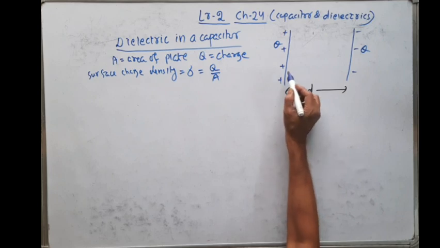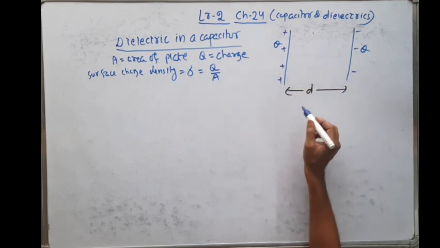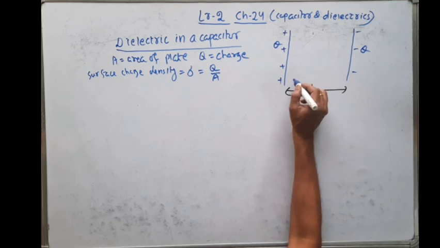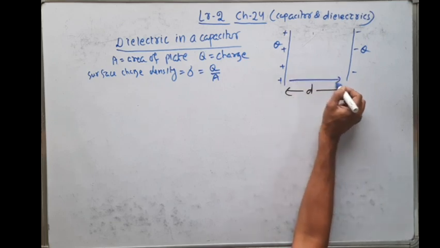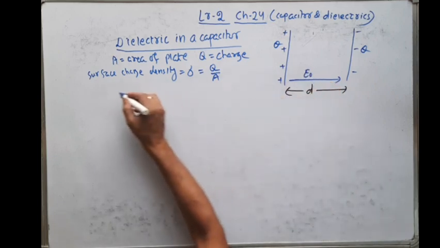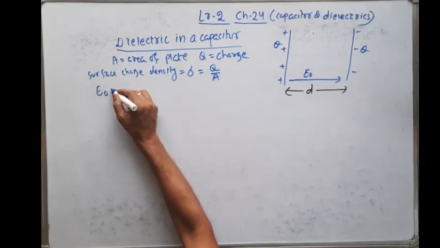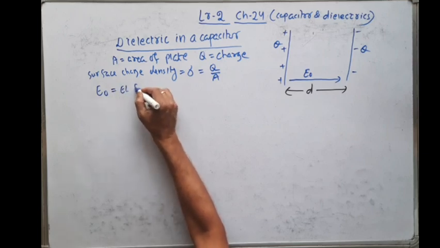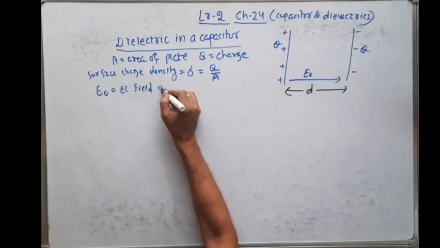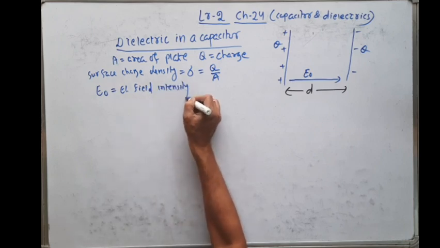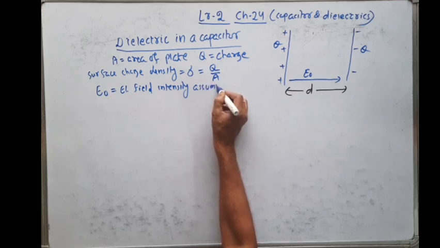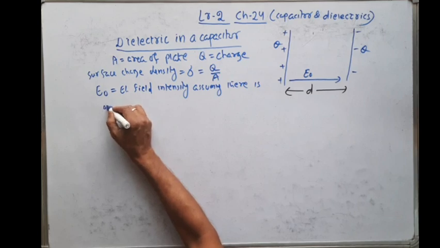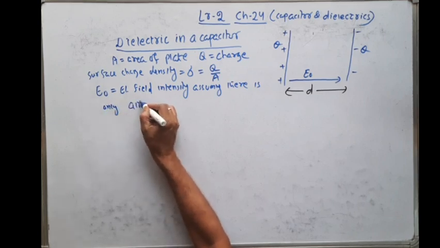And you know, if there are two plates, positive and negative, inside these two plates an electric field is developed. That electric field value is E naught. So what is E naught? E naught is the electric field intensity, assuming there is only air.